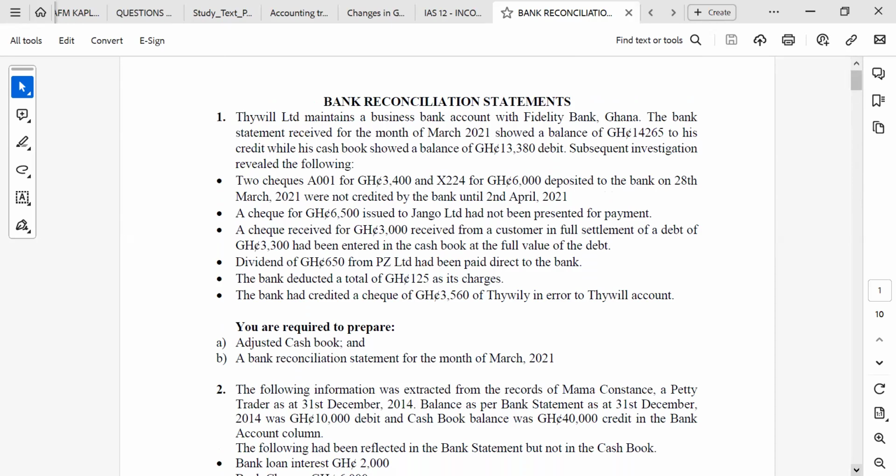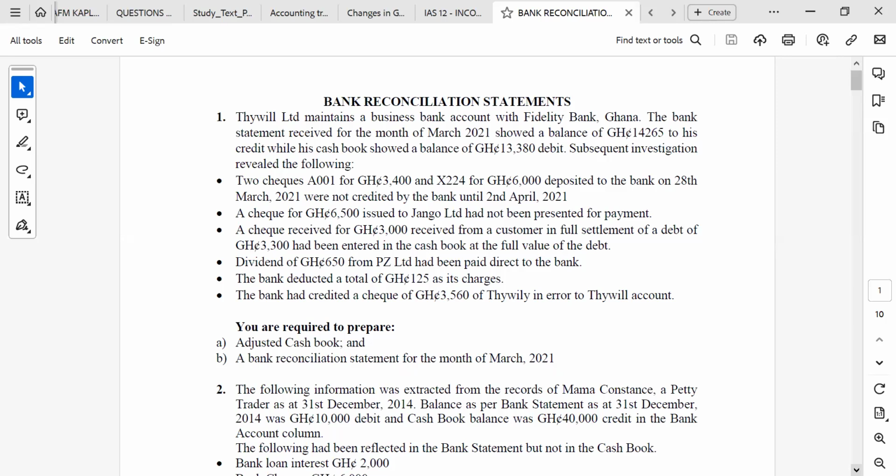Okay, I'm reading. Dairo Limited maintains a business bank account with Fidelity Bank Ghana. The bank statement received for the month of March 2021 shows a balance of 14,365 Ghana cedis to his credit, while his cash book showed a balance of 13,380 Ghana cedis debit.